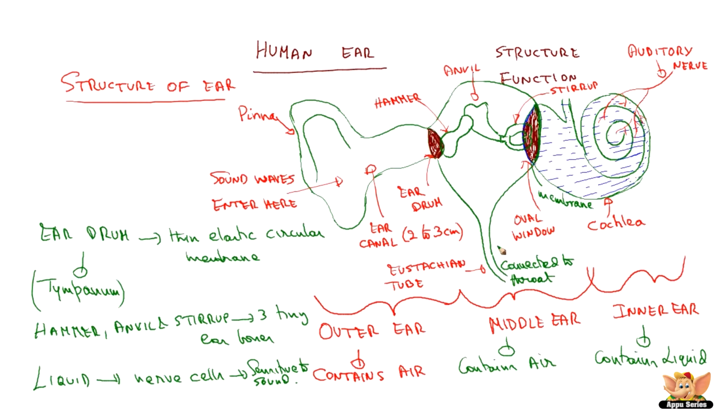The function of this tube is to ensure that the air pressure inside the middle ear is the same as that outside. So that is the functioning of this tube.